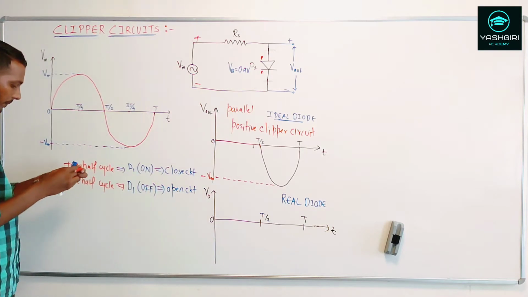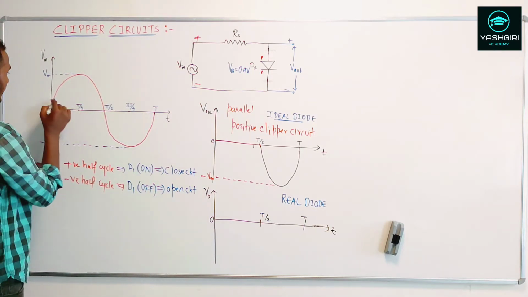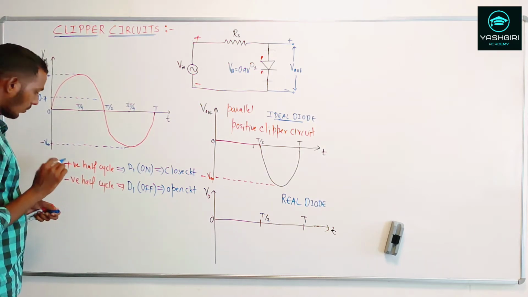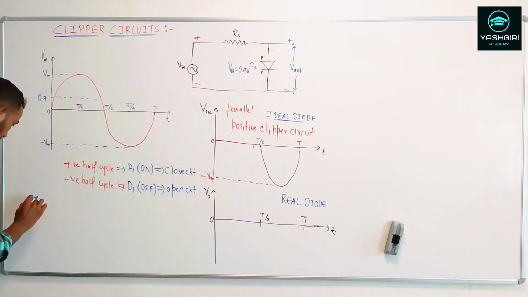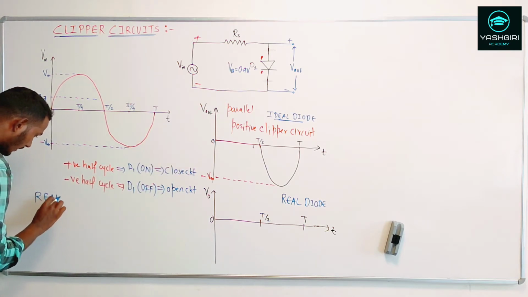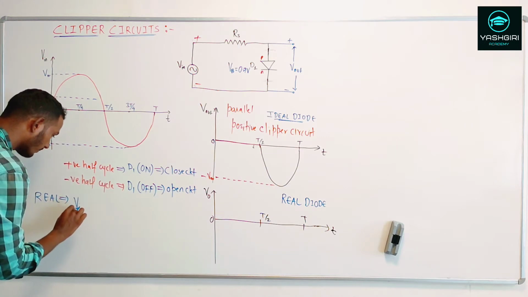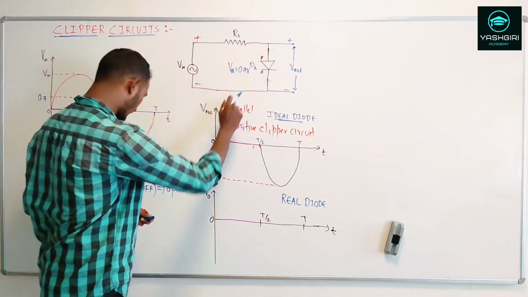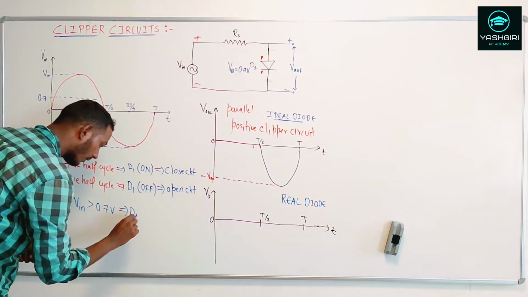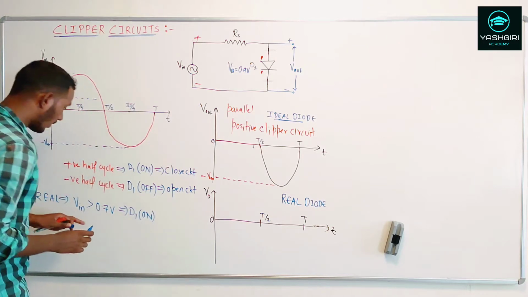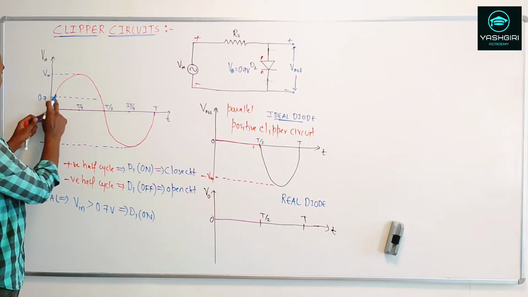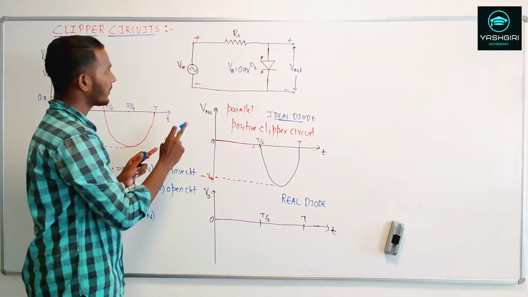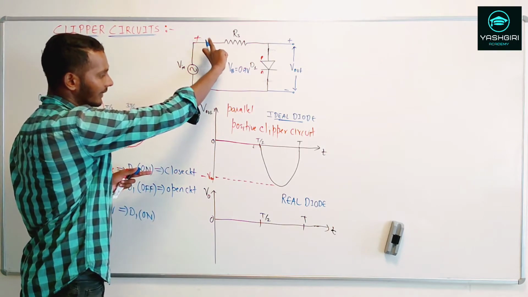So when the V in is greater than this 0.7 volt, so let this be my 0.7 volt, for the real case, then only the diode D1 will be in the on state. Now for this part from 0 to 0.7, the diode is still in the reverse bias mode, because there is not enough voltage available at the input side.